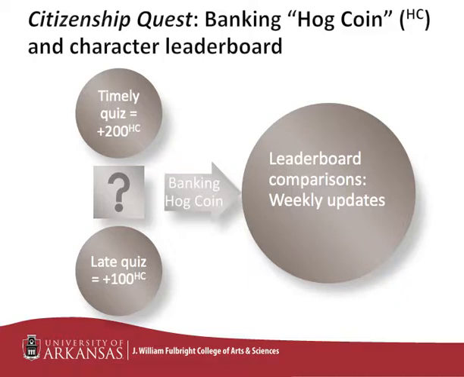Now, the benefit of this is that you will have a bank account under your role-playing identity, which will help you see where you are at in relation to the rest of your fellow students in the class. Now, more importantly, this hog coin will allow for you to play the Citizenship Quest with these hog coins that you've earned throughout the course of the semester.